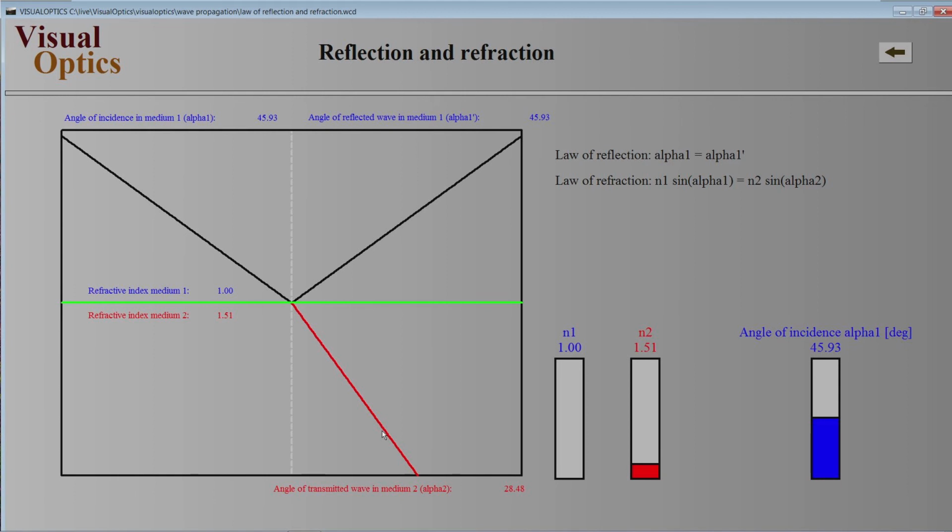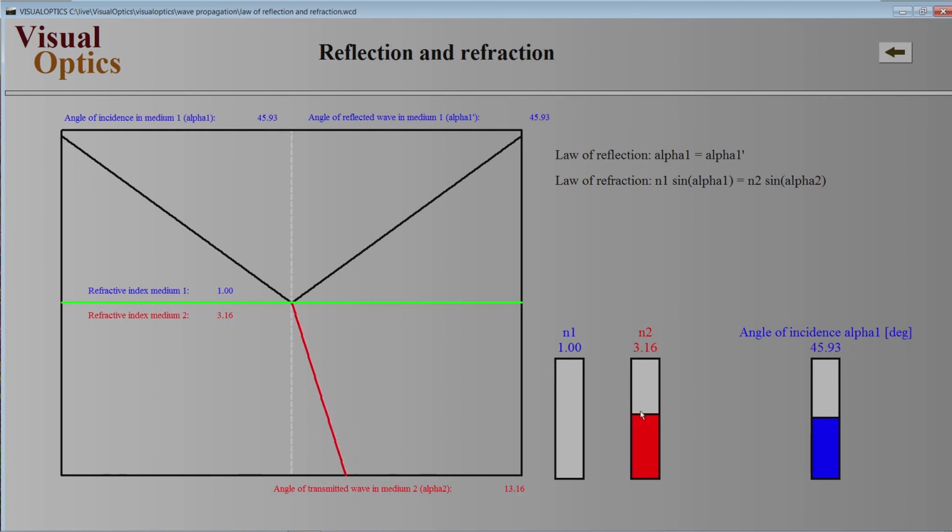Good. So these angles, the angle of the transmitted beam depends very much on the refractive index of medium 2. If we make that larger, like in tin oxide, silicon nitride, or titanium dioxide or diamond, then the angle here gets smaller.